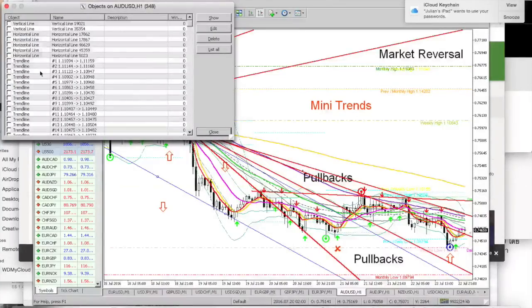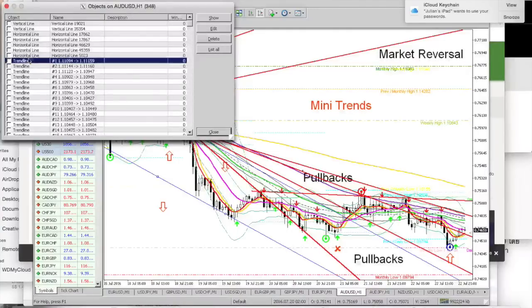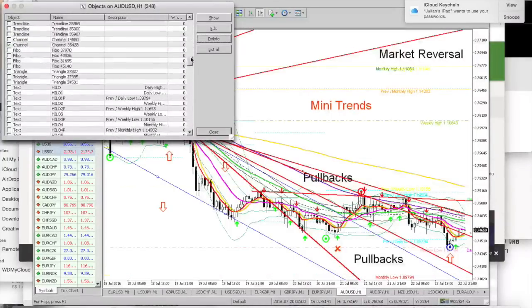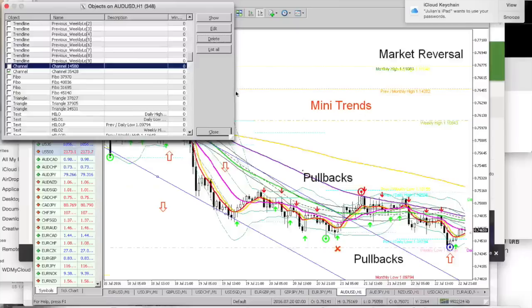Okay. Let me get rid of a couple more trend lines. Jeez. That's a lot of trend lines. Let me get rid of a couple more. Oh my god, yeah. Let's just get rid of a whole chunk of them. Because some of these are indicator drawn, so they'll repaint themselves anyway, no big deal. Oh my god, what is this? Monthlies, trend lines. Okay, this should be the ones. Yeah, there we go. Okay, cool.